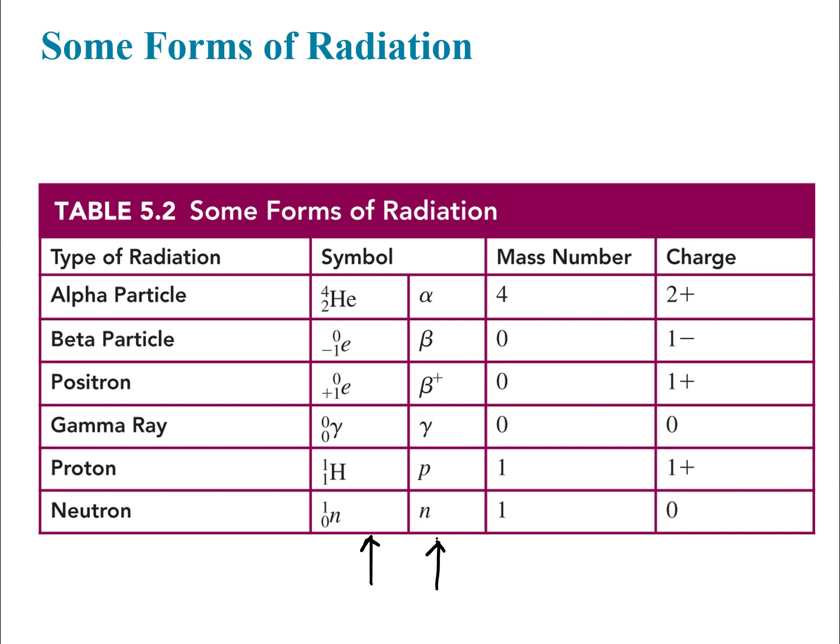It will not be spelled out to you that an alpha particle is a helium atom with a mass number of 4 and a charge of 2. It's not going to be spelled out. So make sure that you memorize. Everybody good on that?